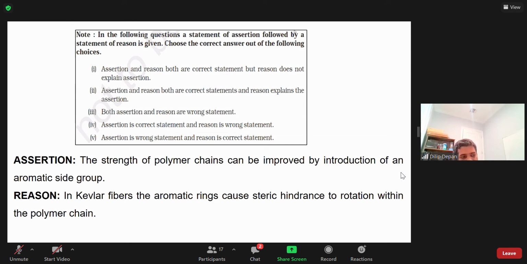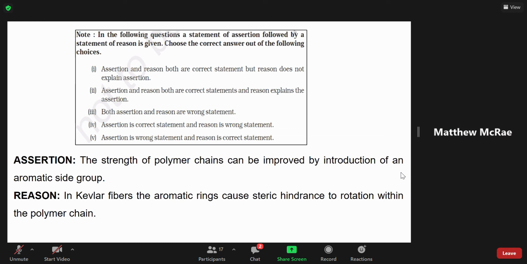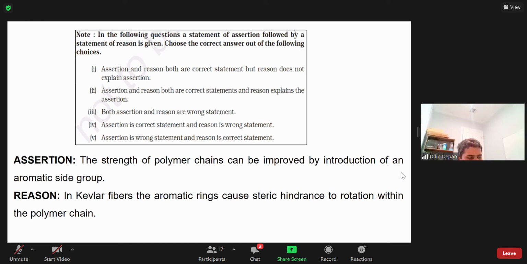So can we improve the strength by introduction of an aromatic side group? Did we talk about the ways to improve the mechanical strength of polymers? Was one of the ways the introduction of an aromatic side group or a bulky side group?